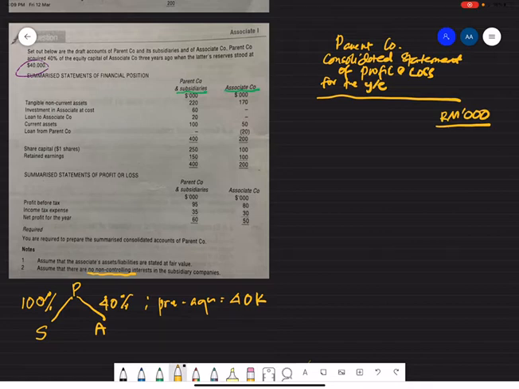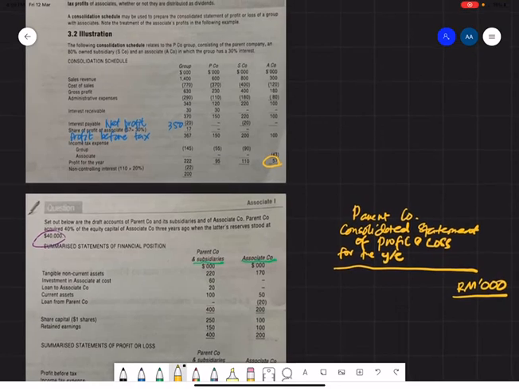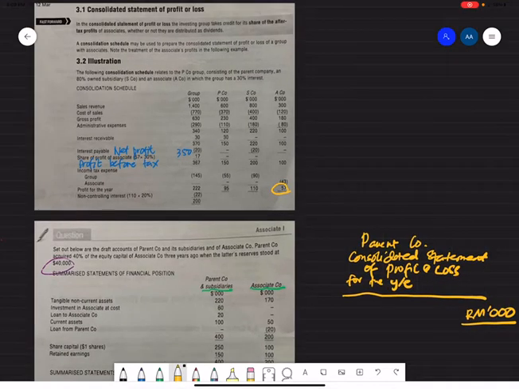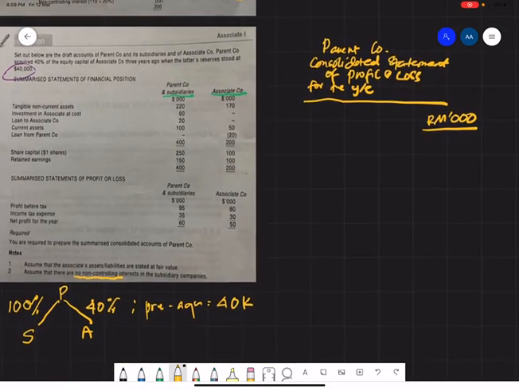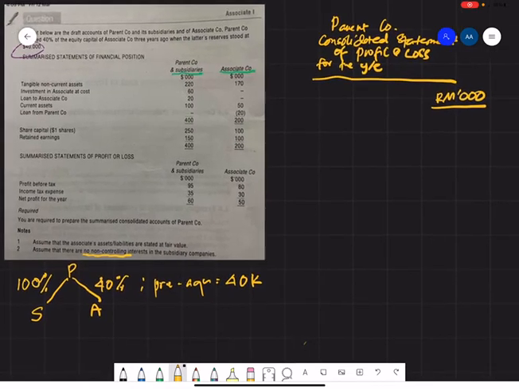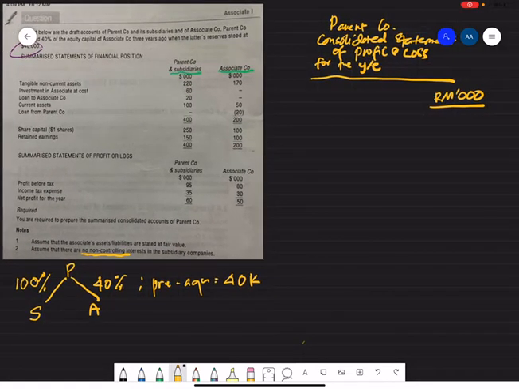If you remember the format, we start with net profit and then share of profit of associate. So start with net profit. In this case, you just take the parent and subsidiary, 95.